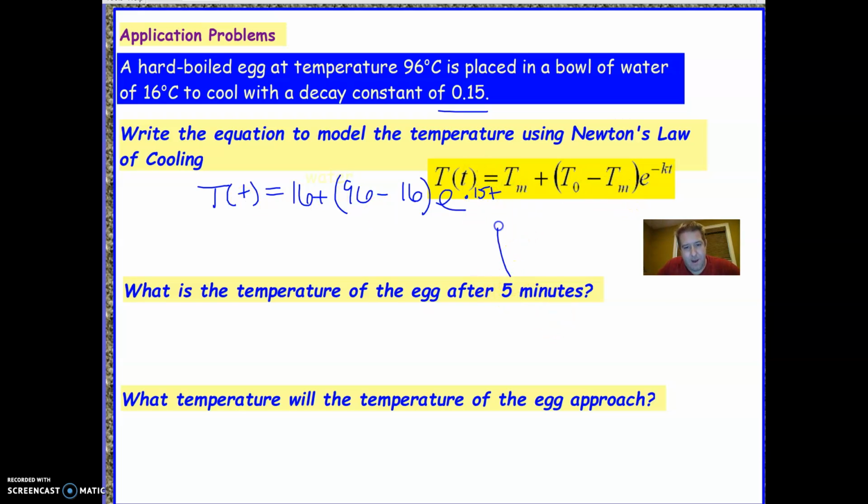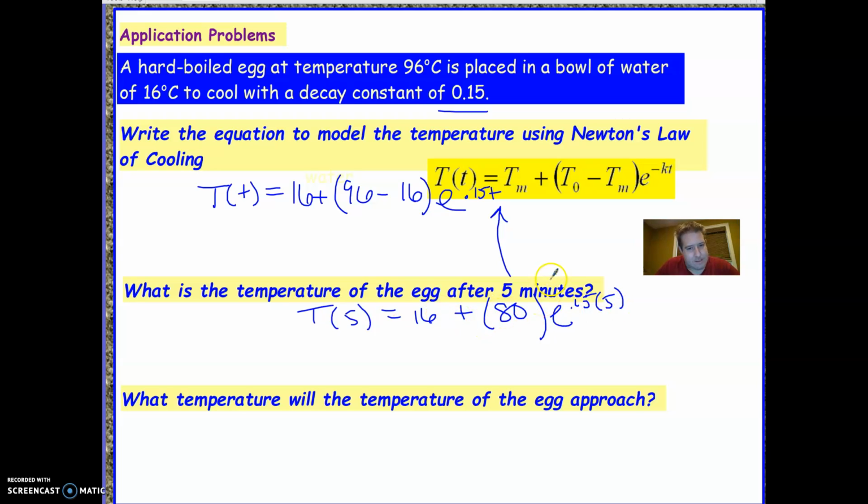Now that we know that 5 is the time, I'm going to put 5 in for t and solve. So the temperature after 5 minutes is equal to 16 plus 96 minus 16 makes 80 times e to the 0.15 times 5 minutes. I can just simply put this into the calculator.